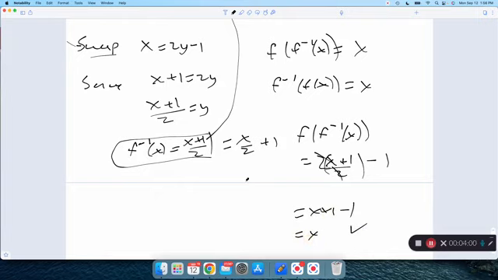That does not have an inverse. It's not 1-to-1. Only 1-to-1 functions have inverses. Square root is not the inverse of x squared because x squared doesn't even have an inverse.